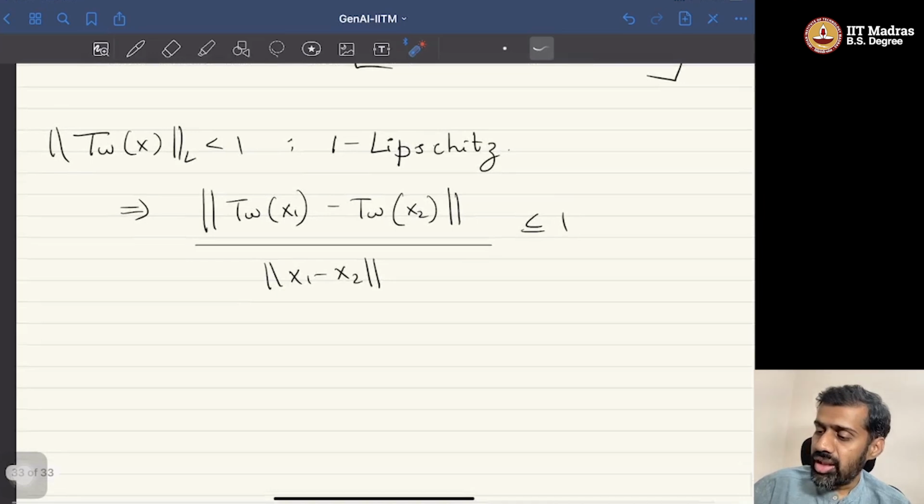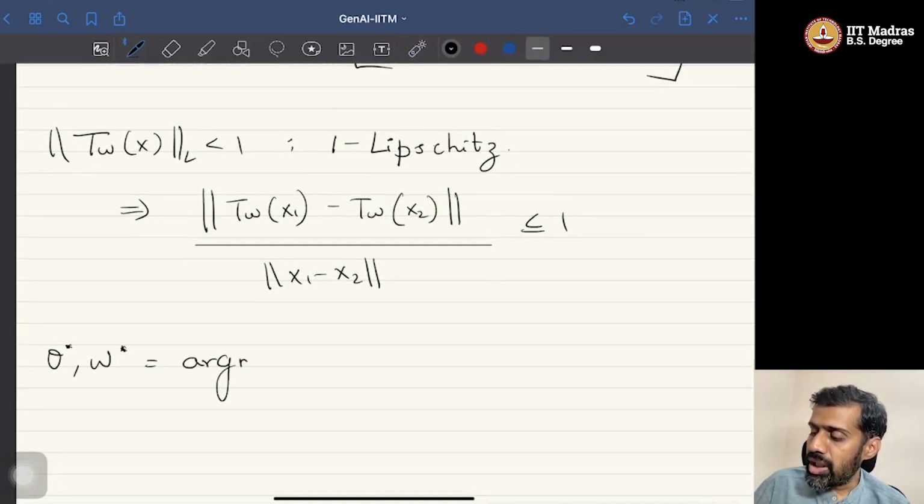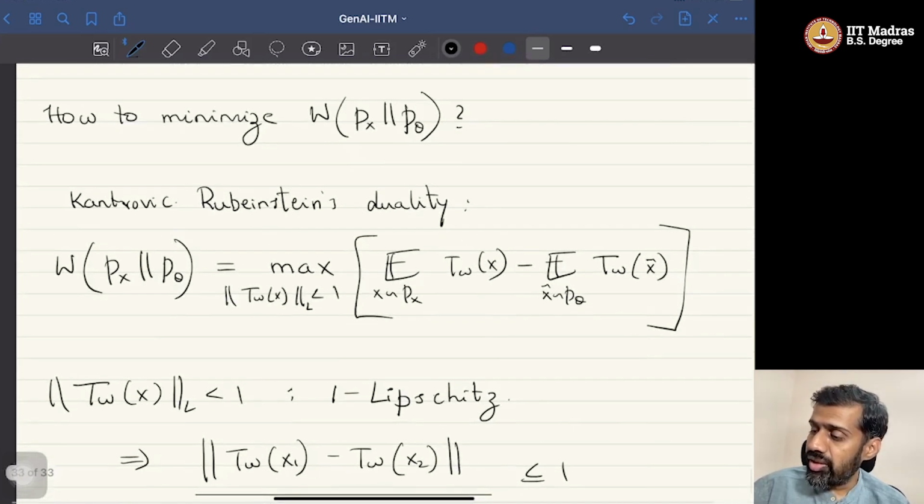Now what happens is our theta star and w star, just like a GAN, you first have to minimize the Wasserstein's distance, but the Wasserstein's distance itself has a maximization here.